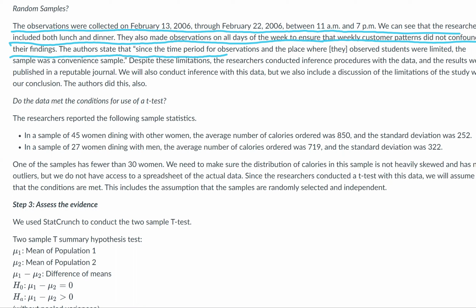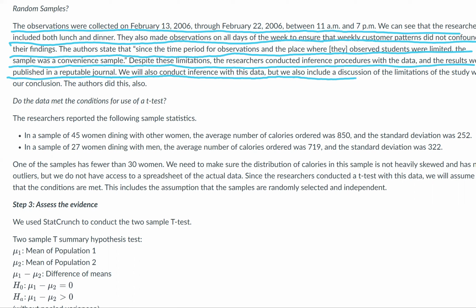The author states that since the time period for observations and the place where they were observed were limited, the sample was a convenience sample. Despite these limitations, the researchers conducted inference procedures with the data, and the results were published in a reputable journal. We'll also conduct inference with the data, but we will also include a discussion of the limitations of the study with our conclusion. The authors did this as well.